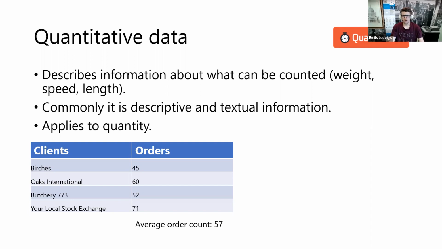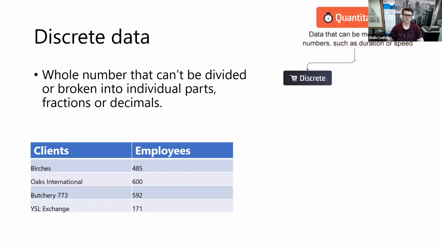When we go deeper into quantitative data, we see we have discrete data. What is discrete data? This is data that cannot be divided into smaller parts or fractions. We cannot divide our employees into 2.5 employees or 487.7 employees. We have full numbers, full employees.